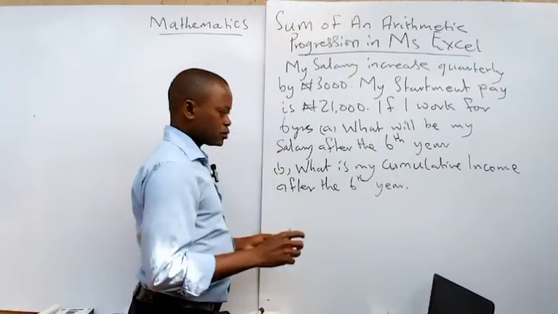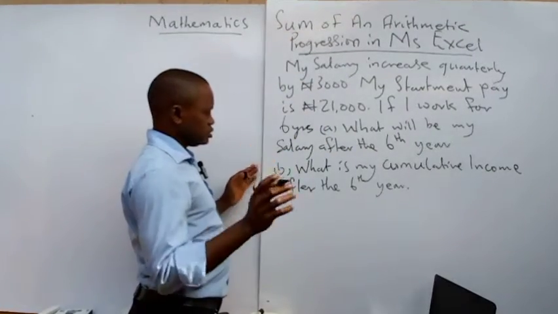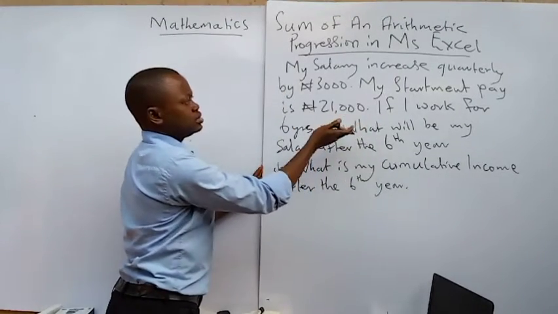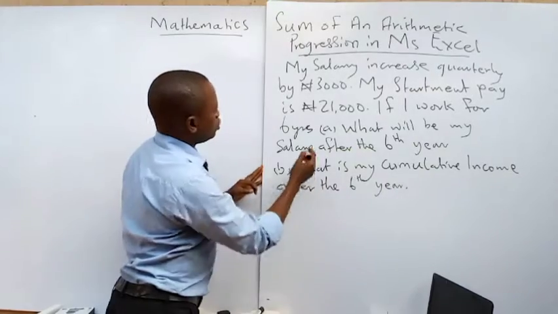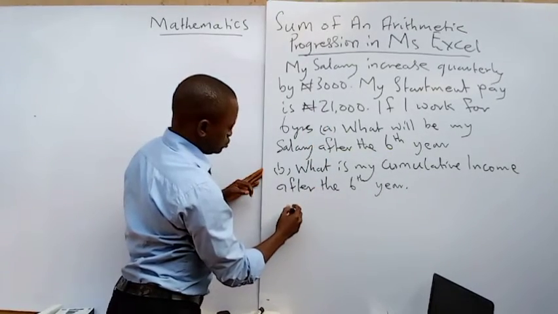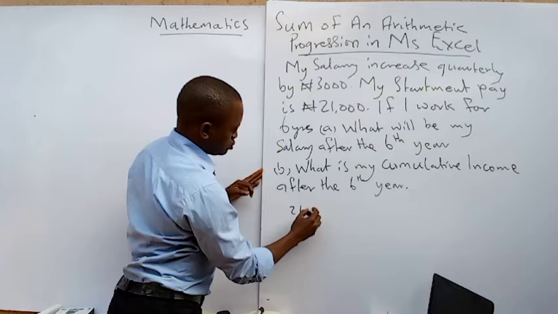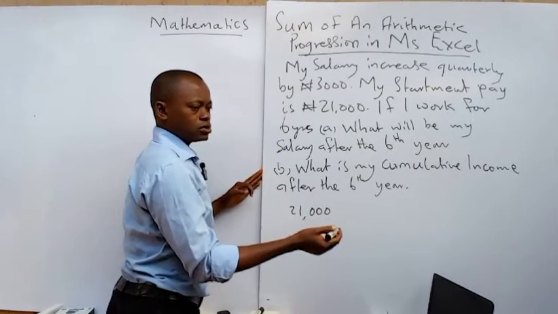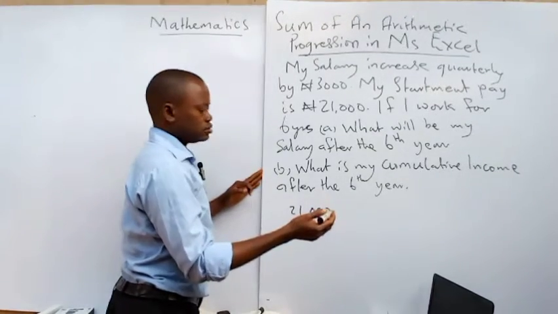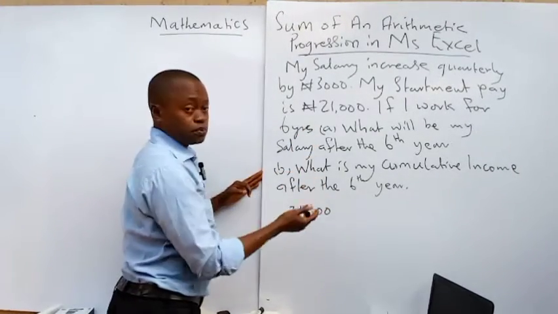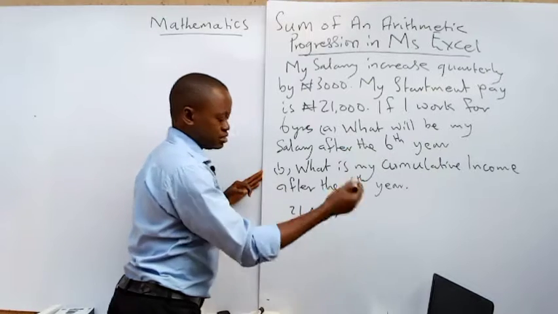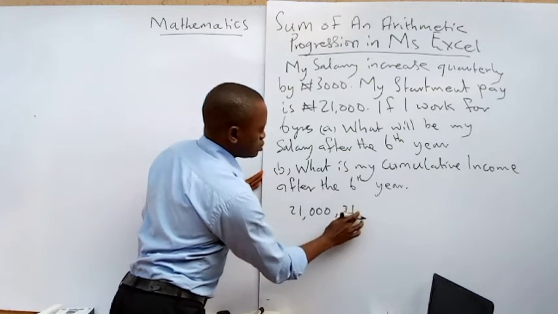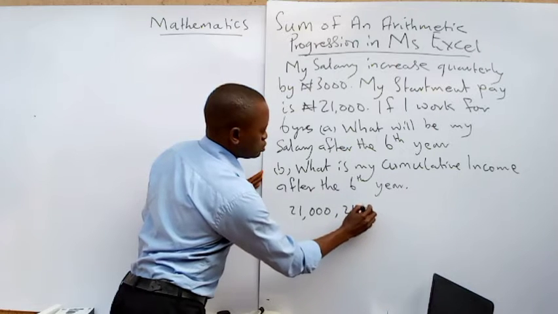In one of the discussions in arithmetic progression, I have shown us that this is an arithmetic progression, because the starting pay is 21,000. Now after 3 months, 3,000 naira is added to the pay, and the person starts receiving 24,000 naira as pay.